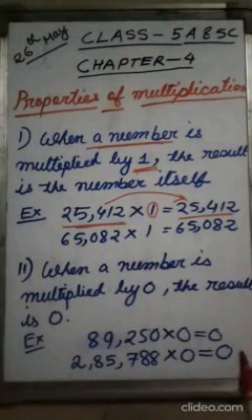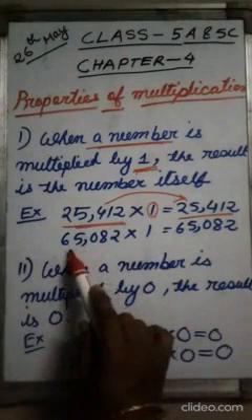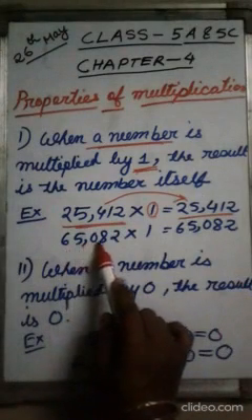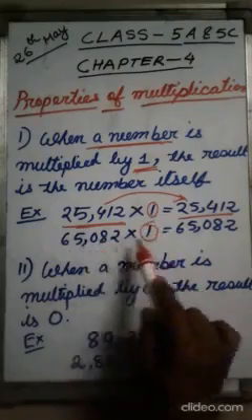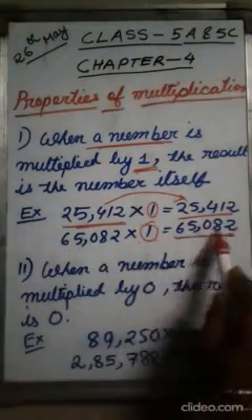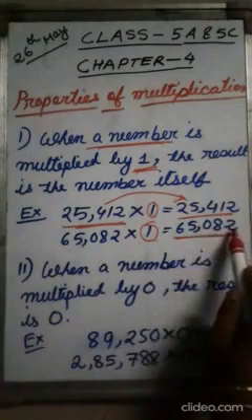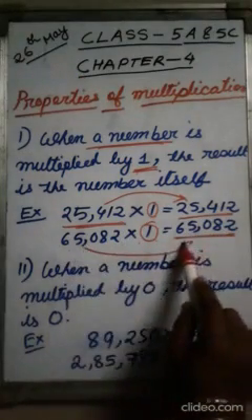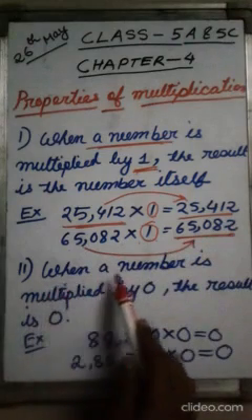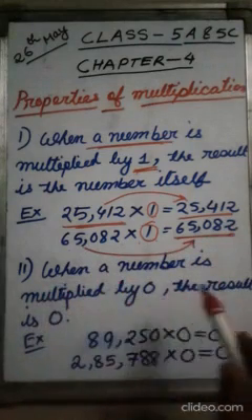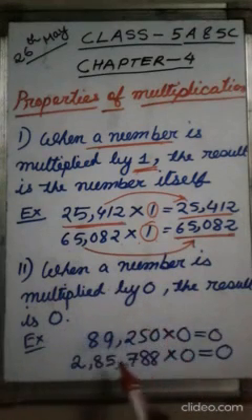I have taken two examples. 65,082 into 1. Again multiplying by 1, we get 65,082. This number only we are getting. Property number 2: when a number is multiplied by 0, the result is 0.